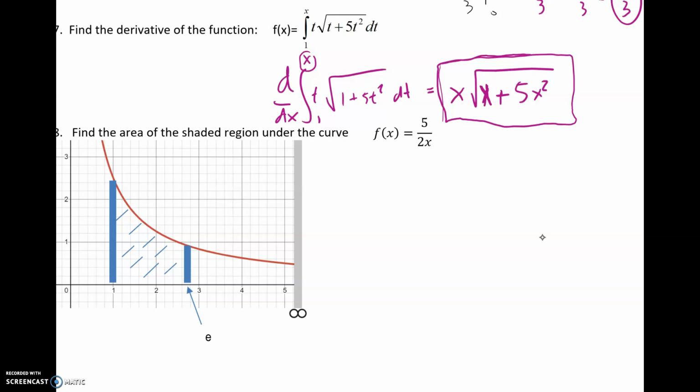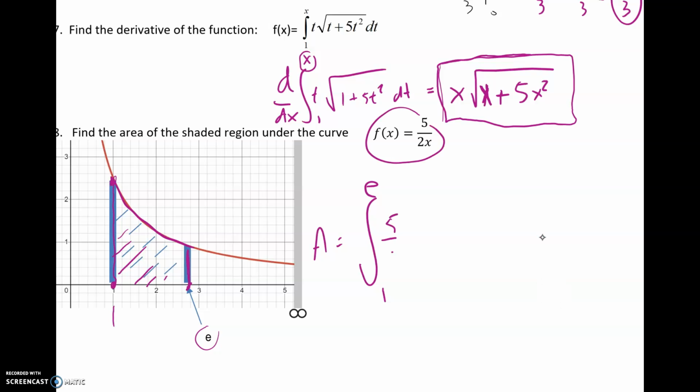Okay, a basic application of integrals or the fundamental theorem of calculus, or really how we kind of introduced this topic, was with an area. So if I want to find this shaded region area going from 1 to e, the area is equal to the integral from 1 to e of this function, which is given as 5 over 2x dx.